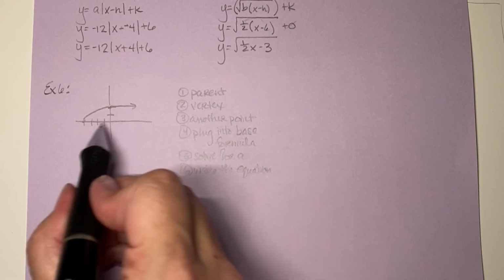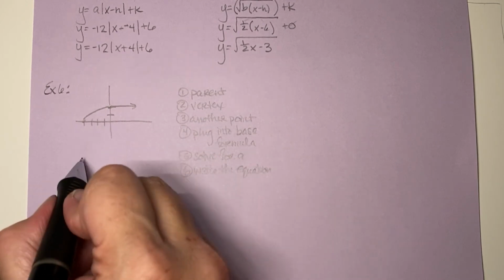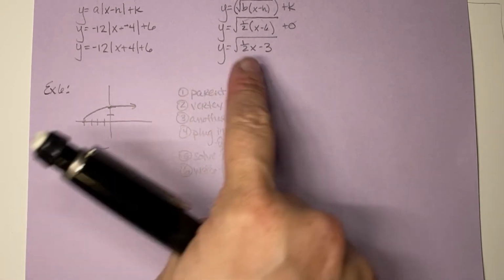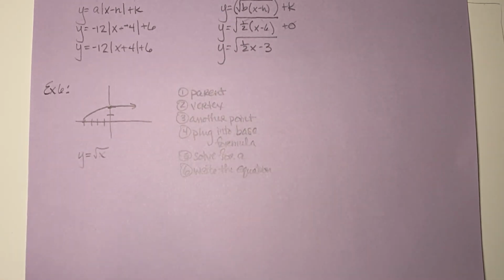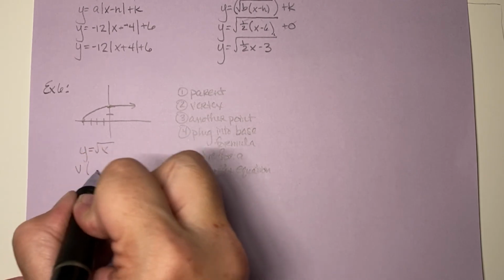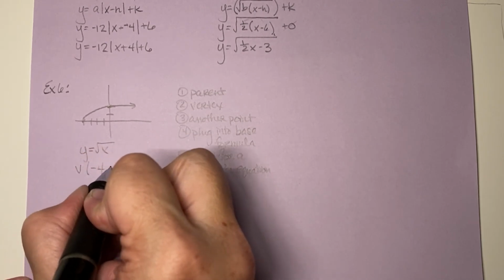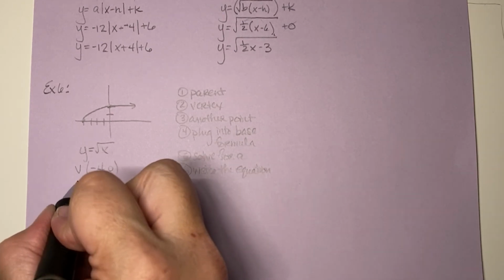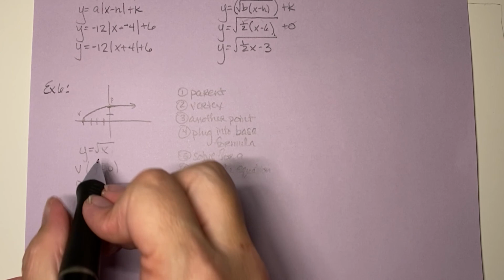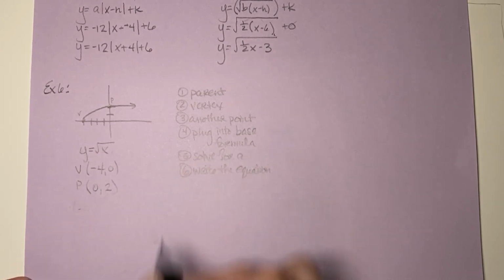Okay, so number 1, our parent function here is y equals the square root of x, because that matches the other graph that we did on the first page. Our vertex is (-4, 0). And our other point P is (0, 2).